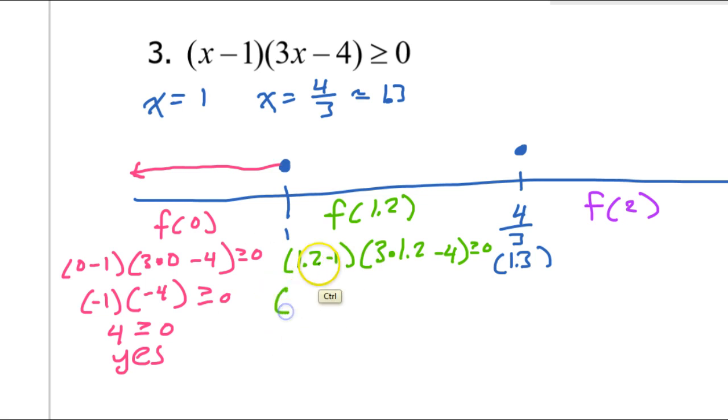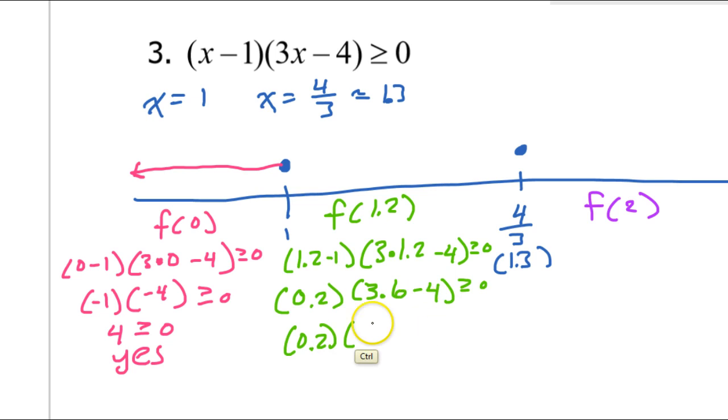All right, so this is going to be positive 0.2. 3 times 1.2 gave me 3.6 minus 4. So now I'm going to have 0.2 times, and what really matters is that this is going to be something negative. I think this is going to be negative 0.4.